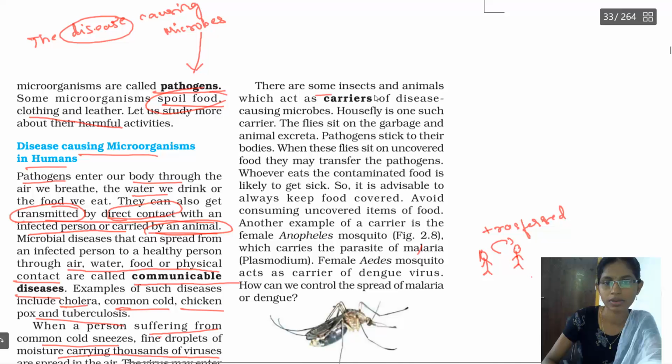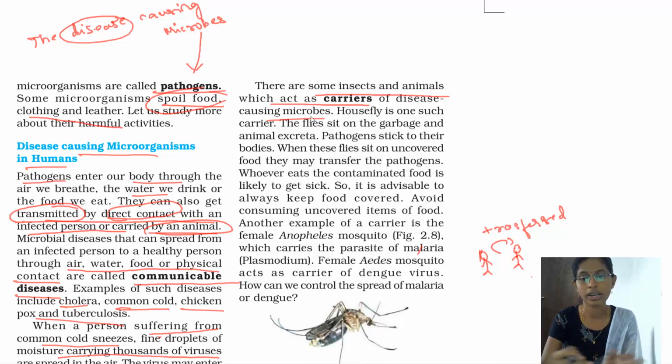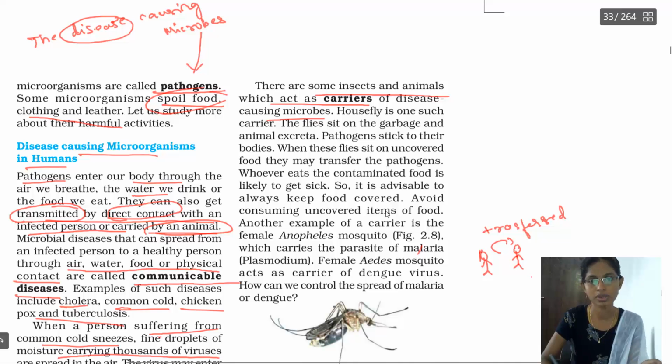There are some other insects and animals which act as carriers of disease-causing microbes. Not only the infected person, with the help of air, water, or food, the diseases are transferred. There are some animals or insects that carry the diseases to other people or other animals.